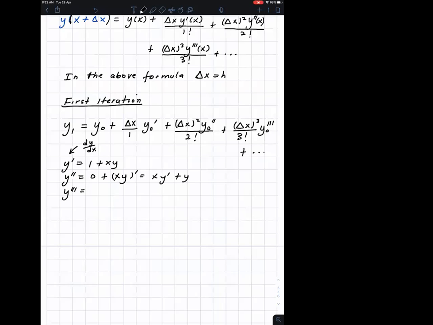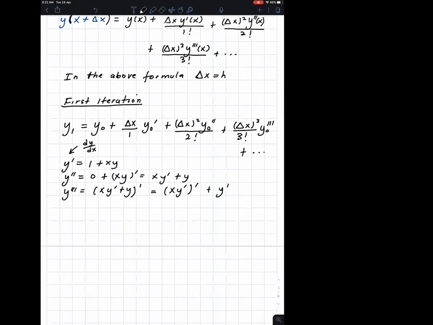Take the derivative again and apply the product rule again. So it's going to be x y prime plus y prime.